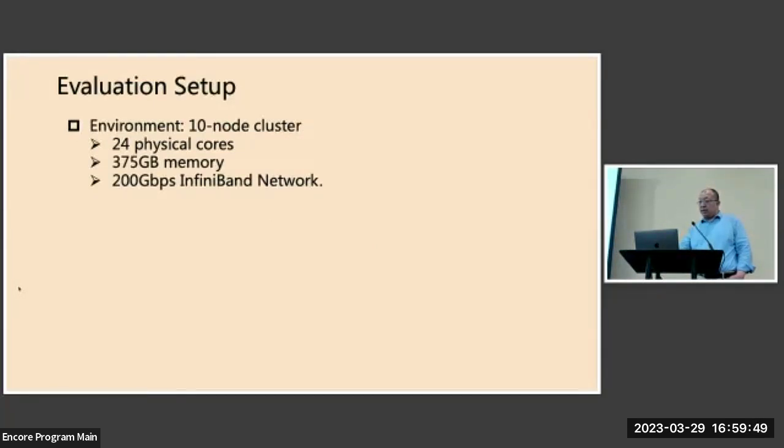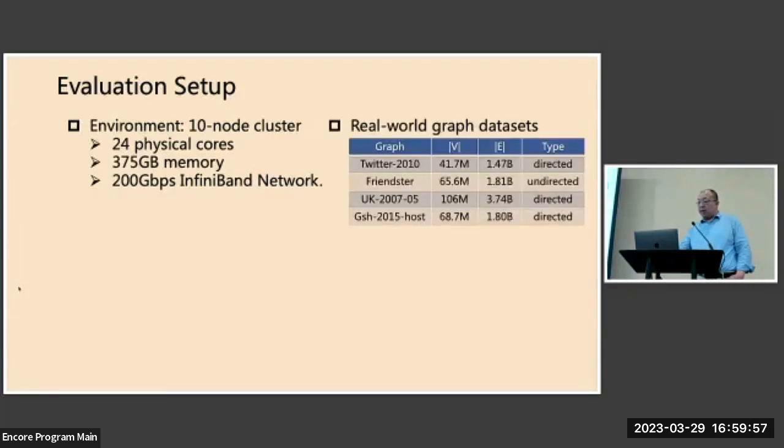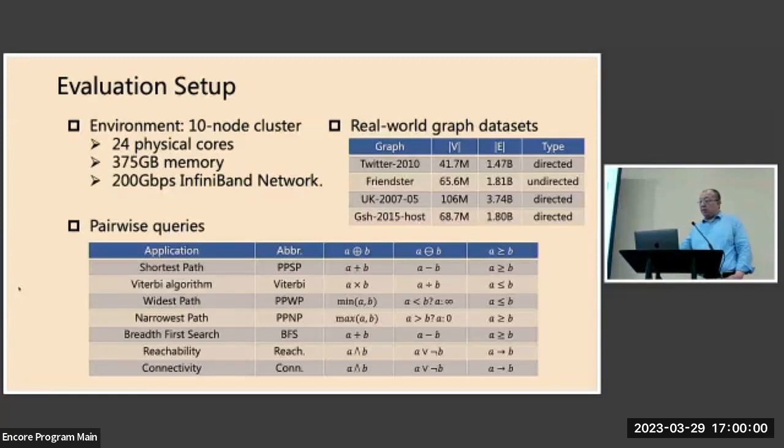And here it comes to the evaluation. We use a 10-node cluster, and each node has 375 gigabytes of memory and 24 cores. We use this graph. We try different applications, and you can see that for different applications, the abstract, add, subtract, and greater-than operations are overloaded into different operations, and that can be done in the programming interface.